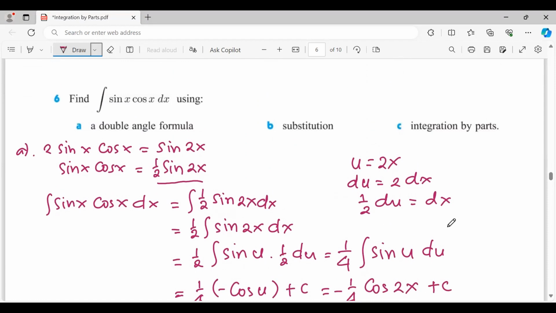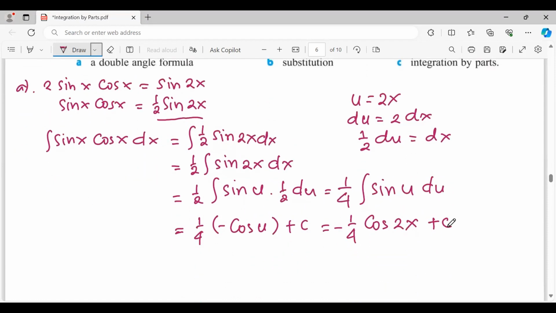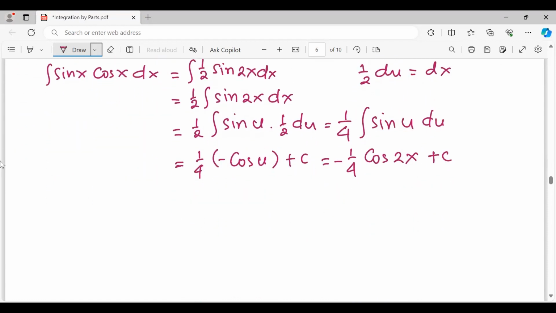Now, by substitution, integral sine x cosine x dx.